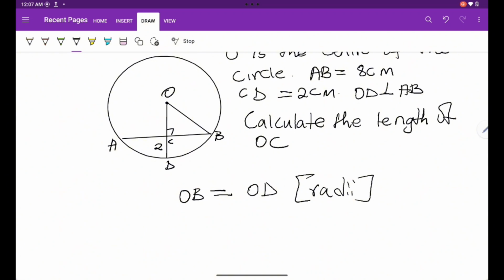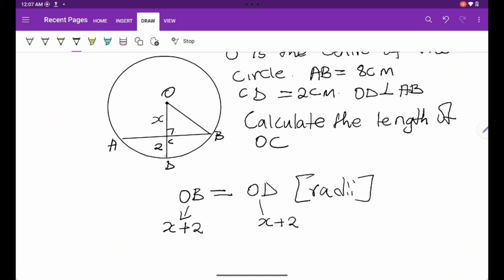To make things easy, anything that we don't know, we call X. So let's say OC is X. Then the radius OD is X plus 2. So OB, also a radius, is X plus 2. That is why it's very important to start with the radii with this type of question.